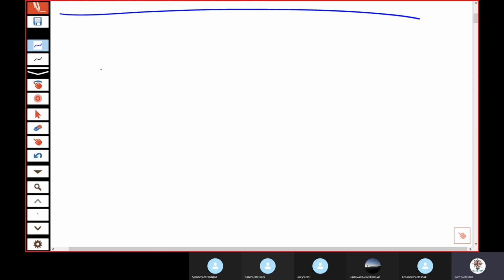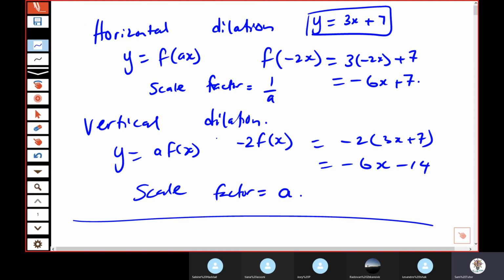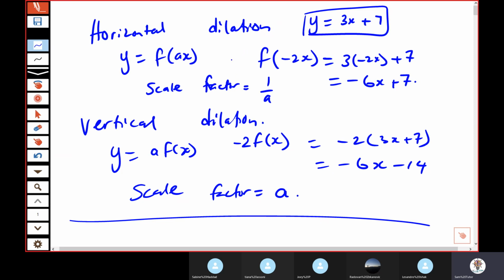That was really bad. Yeah, question. Oh yeah, sorry. Good point. Okay, horizontal dilation has to be x-axis. So this is x-axis. A vertical dilation is through the y-axis.